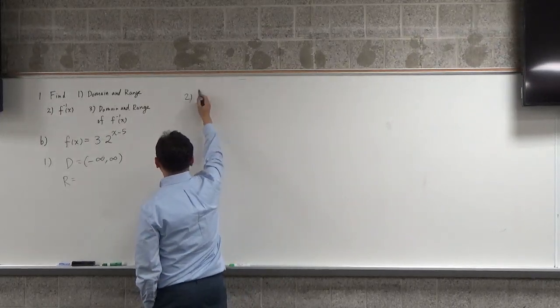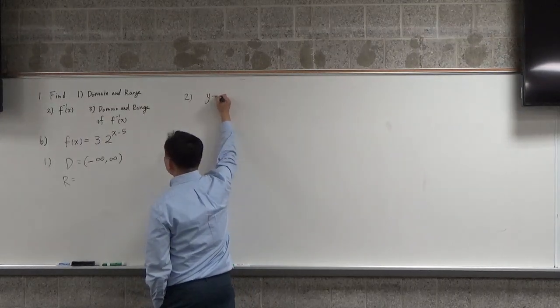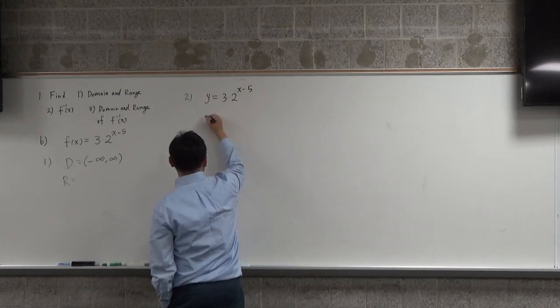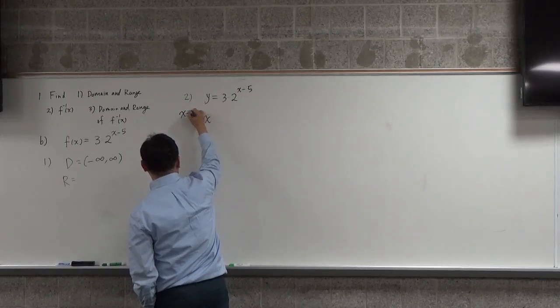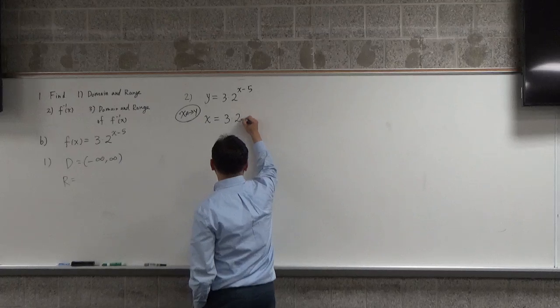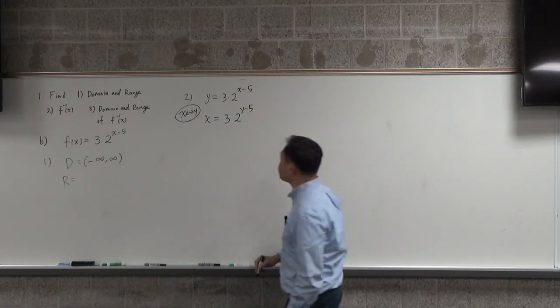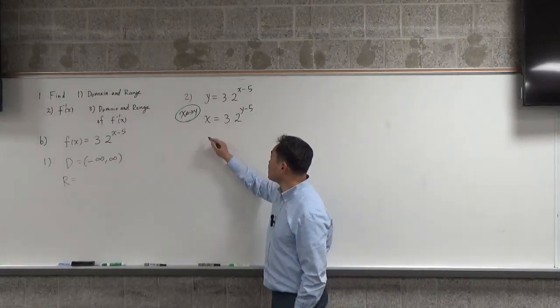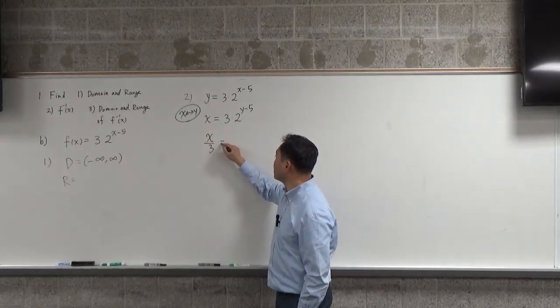Okay, number 2, we're trying to find the inverse function. So let's switch x and y. So x and y are switched, and you get x equals 3 times 2 to the y minus 5. And you have to solve this for y. How do you do that? Divide both sides by 3.